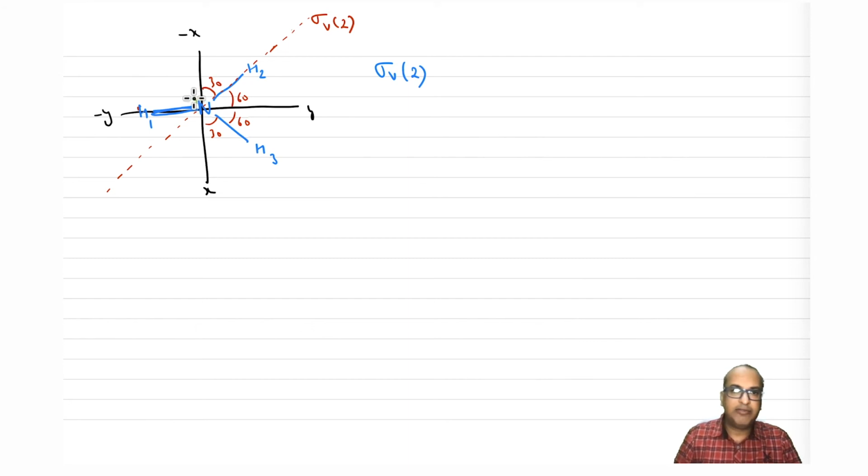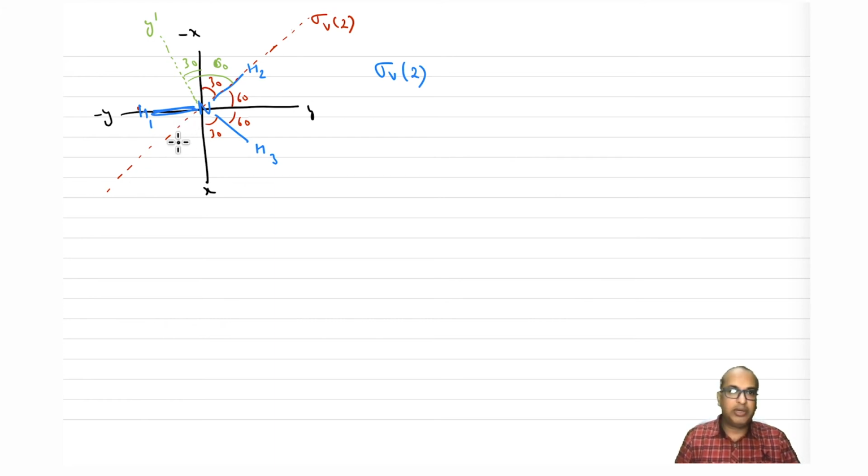So we can say that y will be going somewhere here. Let's call it y prime, right? Now this angle will be 60, so this will be 30 degrees. This complete will be 60, because this was 60, so this will be 60. It is not to scale, so you can see that it is not, right?